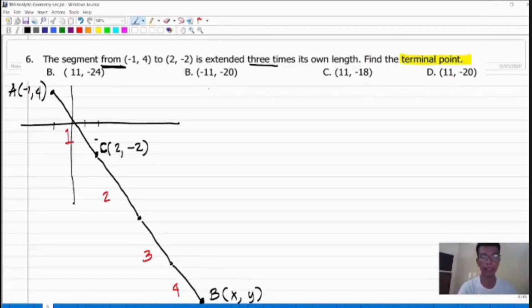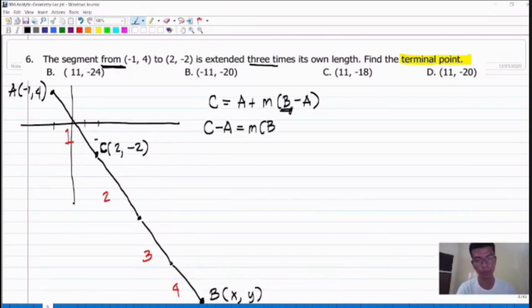So our formula para sa point of division is C is equal to A plus M times the quantity B minus A. So ayusin natin ang equation na to, yung formula na to na kung saan i-isolate natin si unknown point B. So una, syempre, ilipat natin si point A and that will be C minus A equal to M times B minus A. Dividing both sides by M, that will be C minus A over M and that is equal to B minus A.